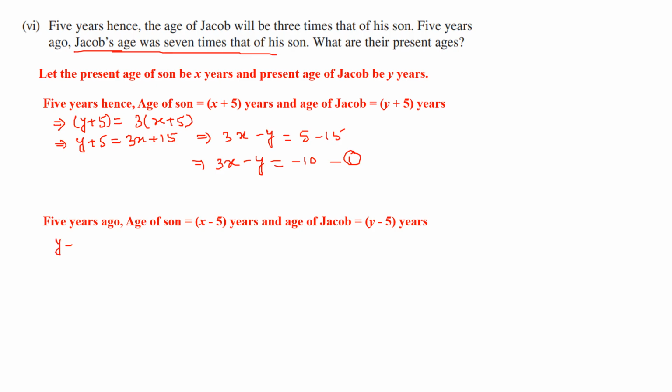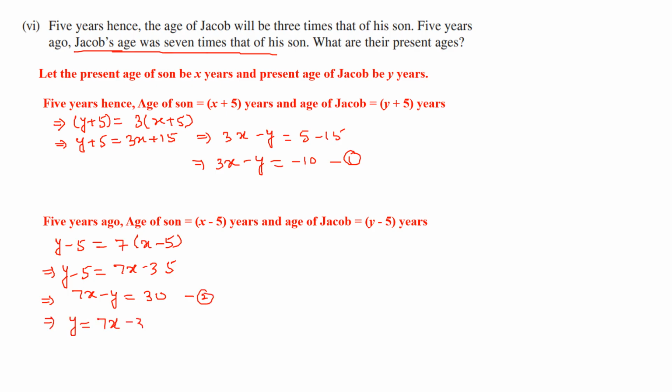So Jacob's age is y minus 5, which is equal to 7 times the age of son. From here I will get y minus 5 equal to 7x minus 35, which will further give me 7x minus y equal to 35 minus 5, which is 30. So from here I got my second equation. And from here I can write y is equal to 7x minus 30.